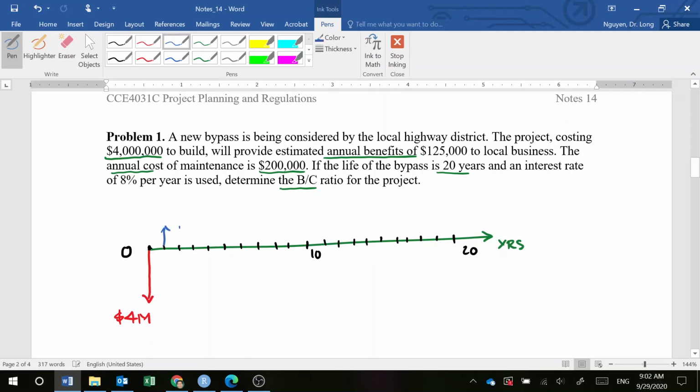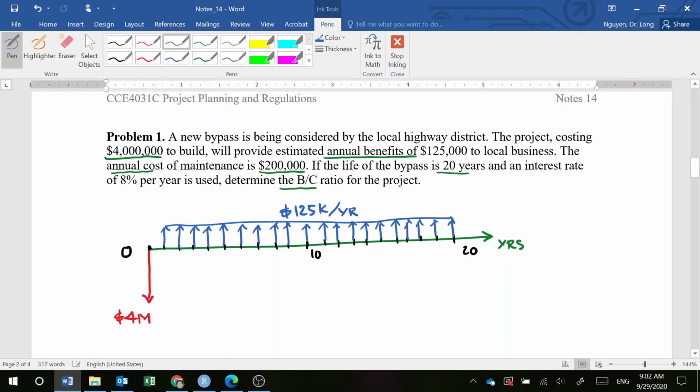The benefit occurs every year, so it is the annuity A, 125,000 per year.